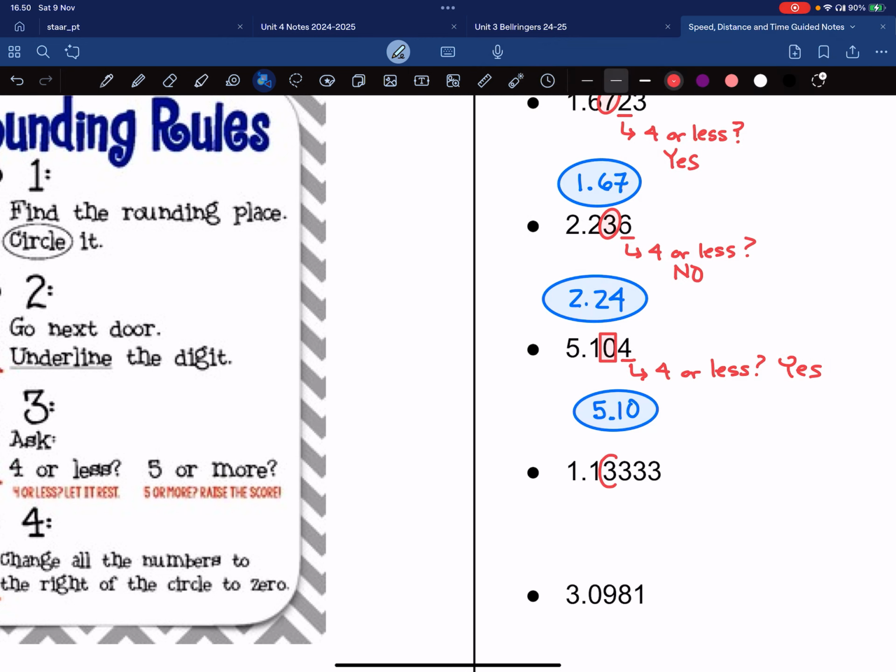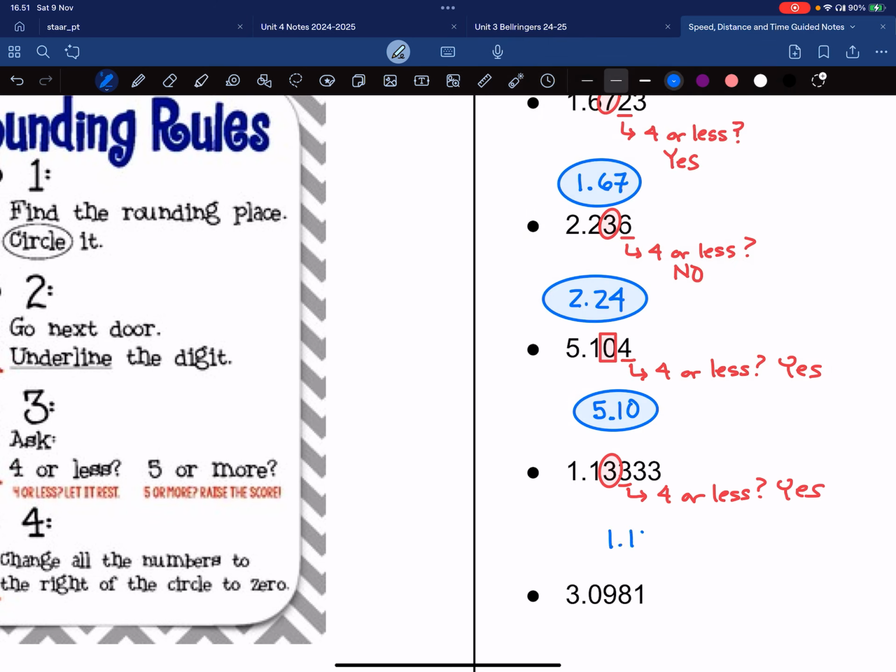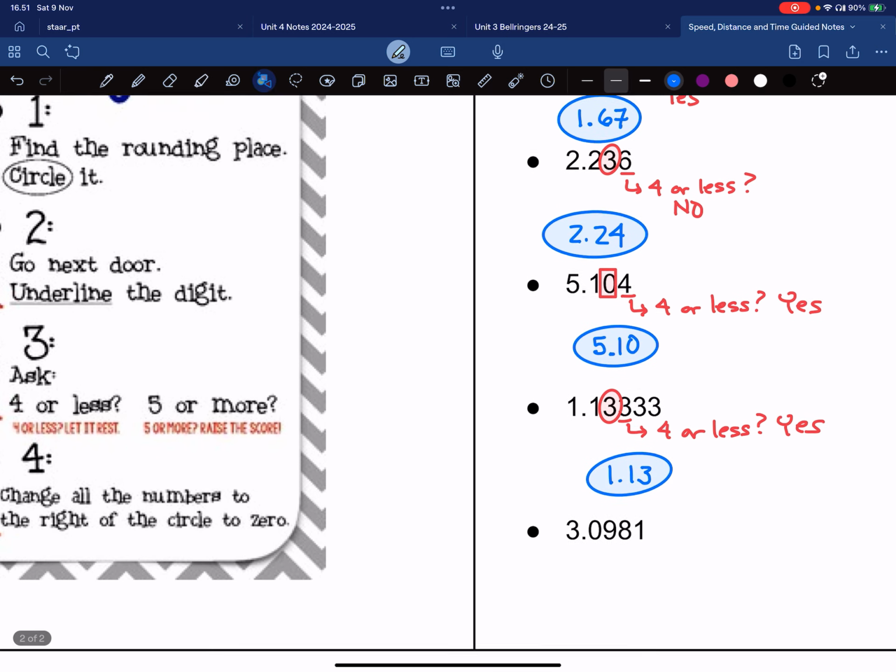Circle the rounding place. Underline the digit next door. 4 or less. Yes. Let it rest. 1.13.